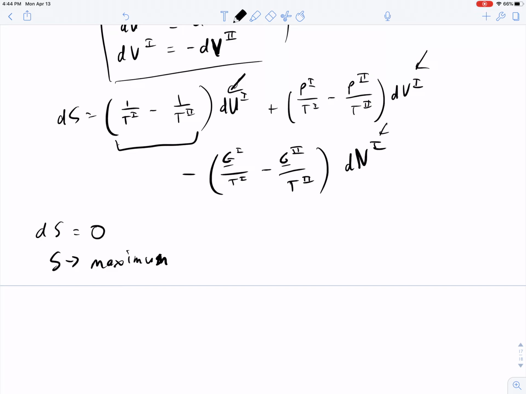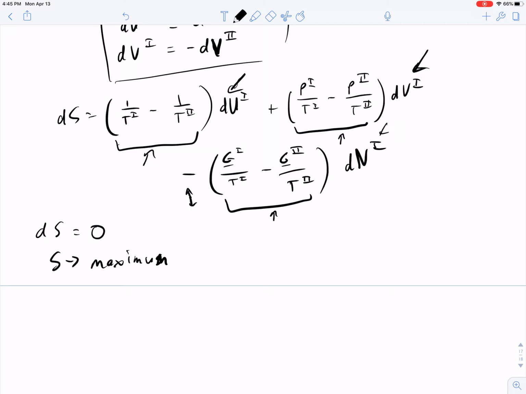But there's two ways of having equilibrium here. You can have all of these terms equal to 0. And so one way to ensure that dS is equal to 0 is if each one of these, independently of all the other things that are going on in the system, are equal to 0.